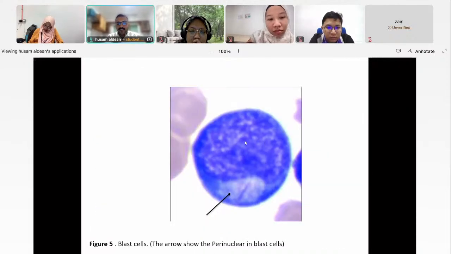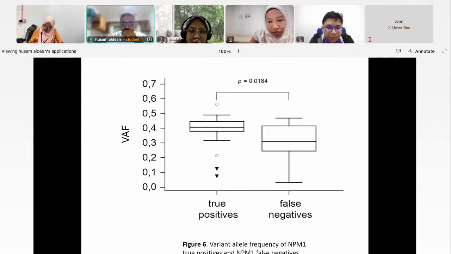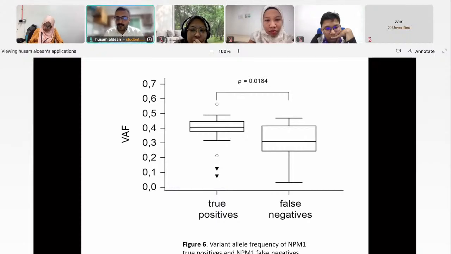So this is the pre-nuclear, as I said before, and now we will talk about this figure in the paper. The researchers observed the NPM1 mutation cells, the true positive, which is NPM1 mutation cells classified by the model, and the false negative, which represents NPM1 mutation cells, but the model reads it as wild type NPM1.